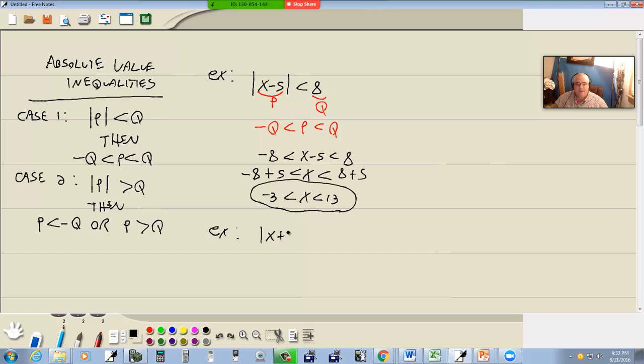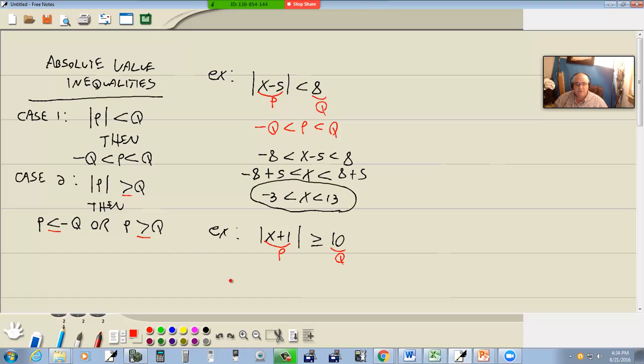On the other hand, if I had one that looked like this, there's a greater than here. Specifically, it's a greater than or equal to, but I want to show how you'd handle that. If it has a line underneath, you just simply put a line underneath each one of these. Now the absolute value is again by itself, so what's inside our absolute value is our p, and the other side is our q.